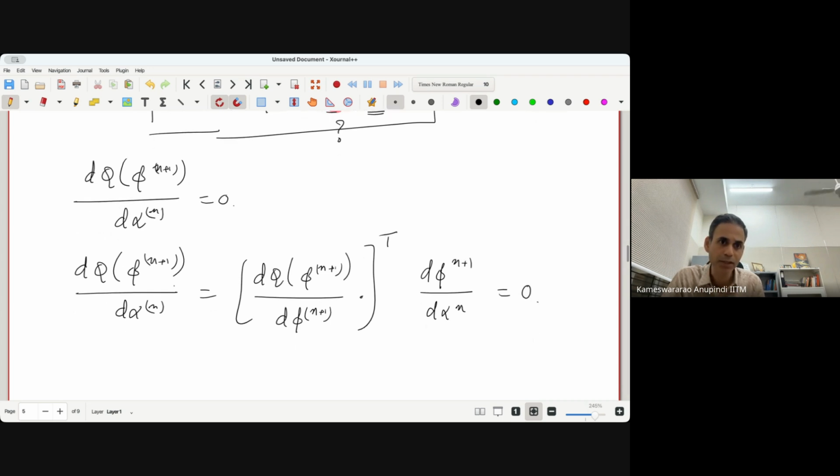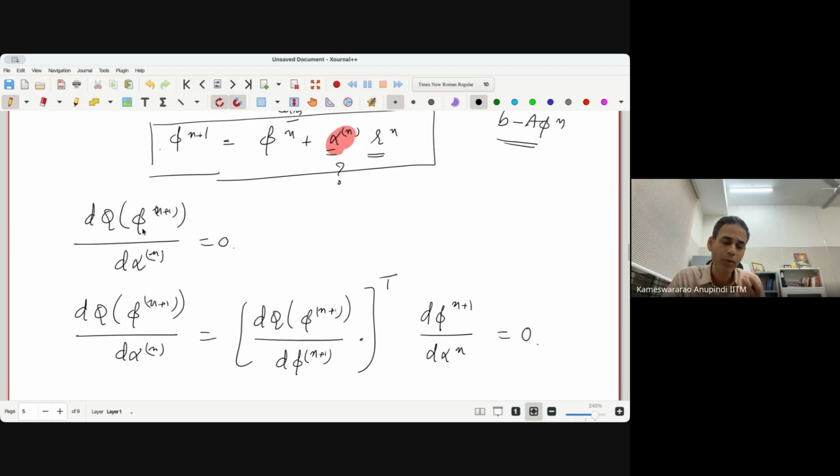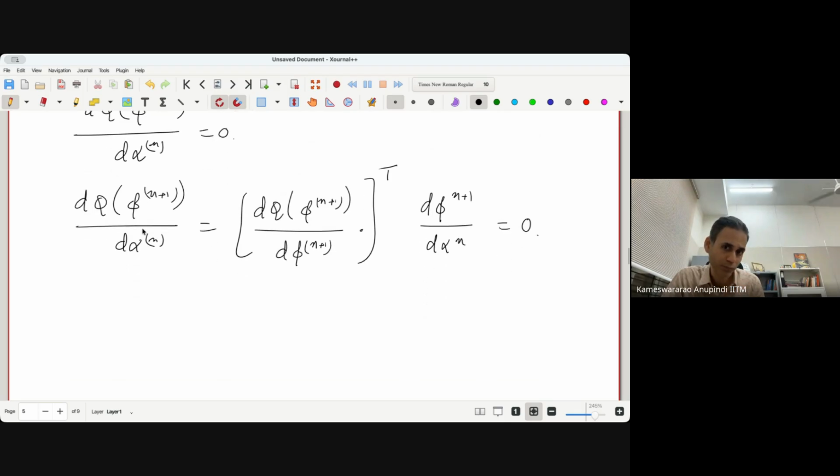Okay, so if I can set this equal to 0, I know the amount I should take to make it minimum. I already know the direction, but what is the amount I should actually take? We already know what dQ of phi n plus 1 by d phi n plus 1 is.